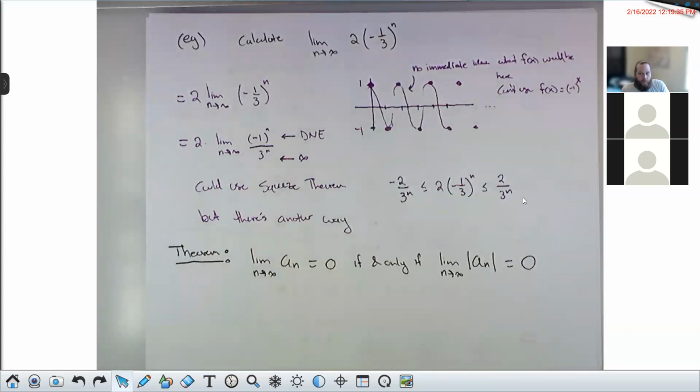So if instead of working with a_n, you work with the absolute value of a_n, you will get 0 either way. This only works for 0, and it's only useful if the sequence you're working with gets nicer when you take absolute values.